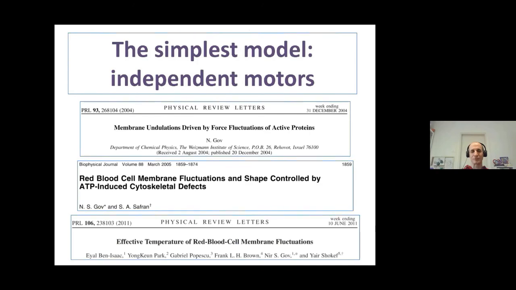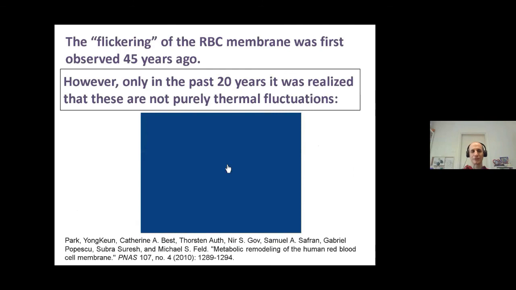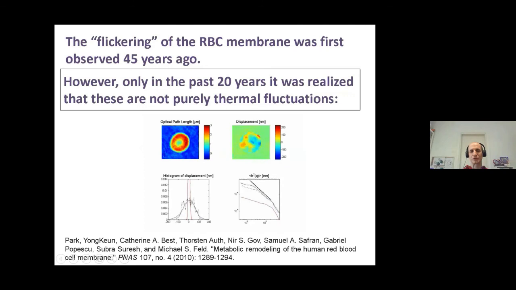It actually goes back to looking at these fluctuations, right? You want to measure the fluctuations and tell me from this what the shape is.